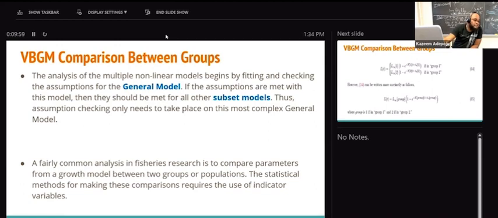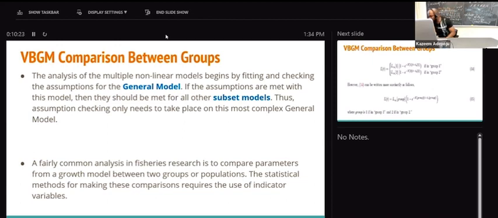Does that make sense? Separate parameters for the 2 groups. So when I check the assumption with the general model and it holds, that implies the assumption will also hold with the sub-models. Does that make sense to every one of you now?